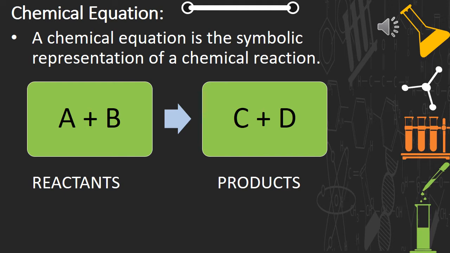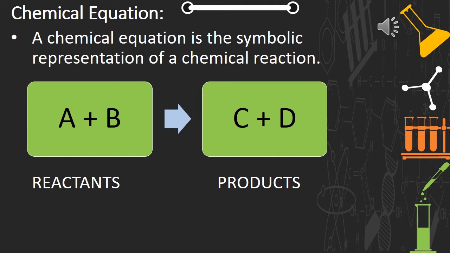Here you can see the reactants are written on the left hand side of the chemical equation, while the products are written on the right hand side. A reactant and product are separated by an arrow, which you can see in the middle.